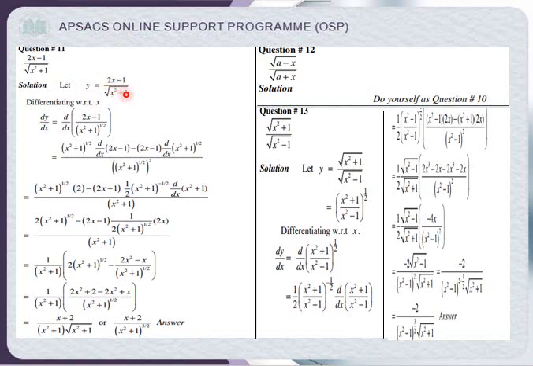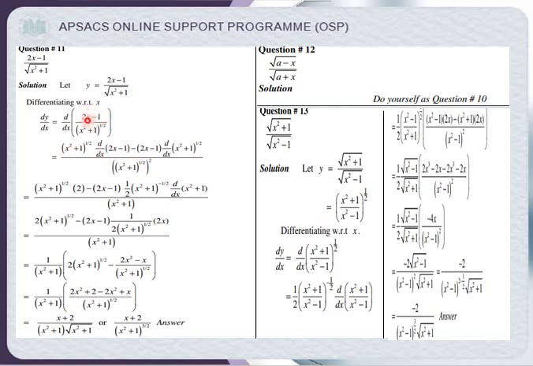So this is u and this is v. And I made you understand in the previous lecture how we can apply the formula for u upon v: v square, v times the derivative of u, minus u times the derivative of v. Okay, now you can see v square, v times the derivative of u.